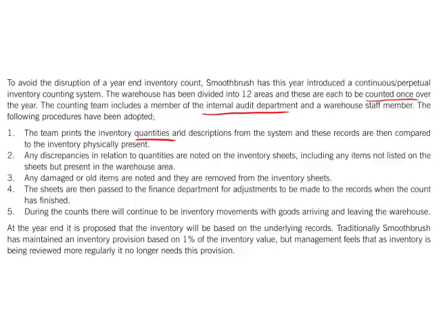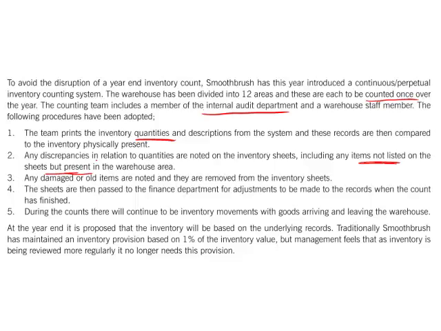Now, it says down here that any discrepancies in relation to quantities are noticed in inventory sheets, including any items not listed on the inventory sheets but present in the warehouse. Now, I'm not quite sure how they actually do that. You could do it for a specific element of inventory. Let's say we expect there to be 100 litres of red paint, but in fact there are 110 litres of red paint.